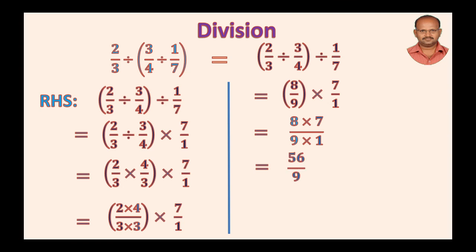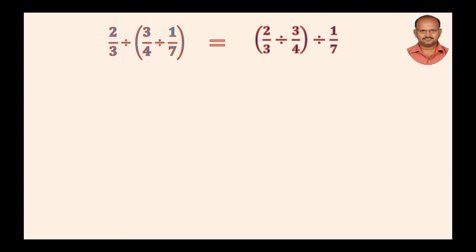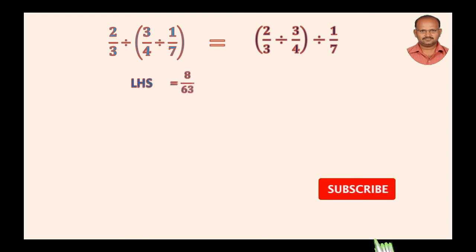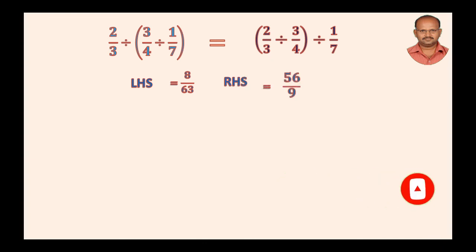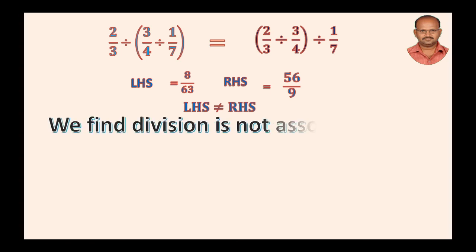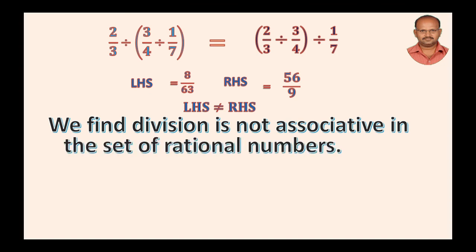It is RHS. Then LHS is equal to 8 by 63 and RHS is equal to 56 by 9. LHS is not equal to RHS. We find division is not associative in the set of rational numbers.